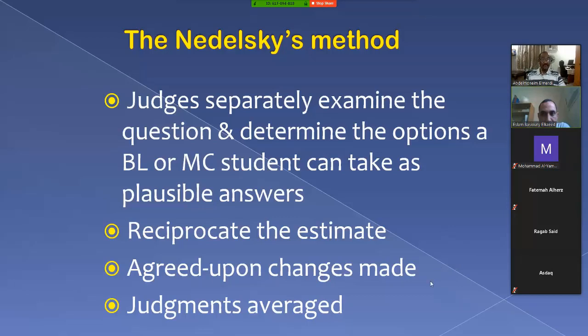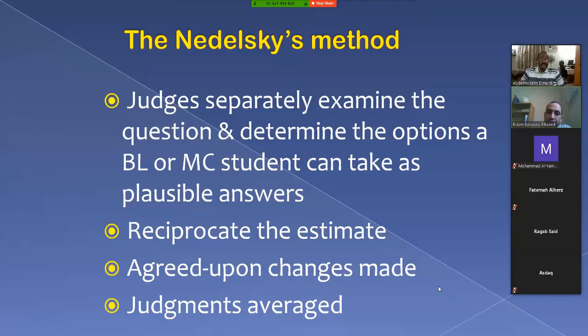So, a very easy question in which a student can exclude all the wrong answers, the pass mark for that question is 100% because the guessing chance is 100%. Then you reciprocate, and then you discuss the judgments, and then you average the judgments.